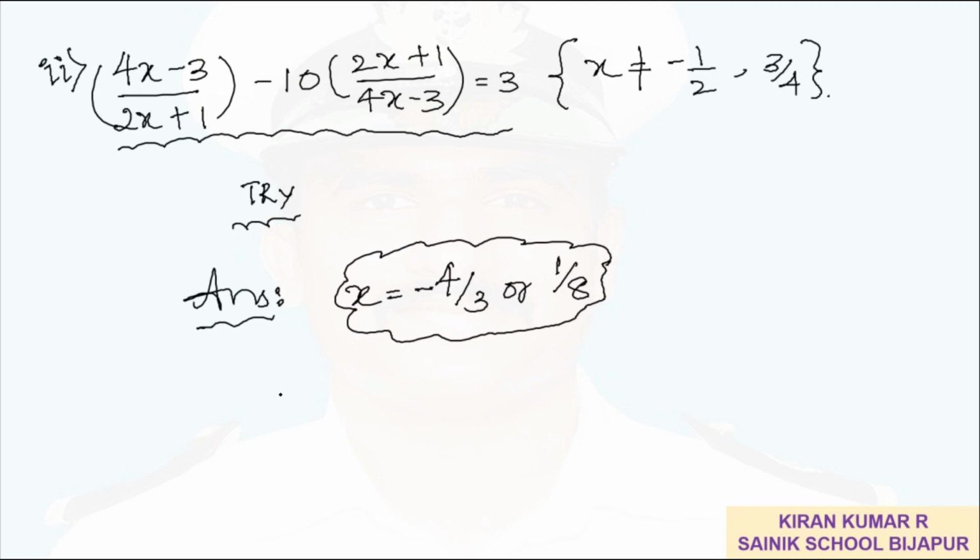If you are stuck, I'll give you the quadratic equation. Probably you'll get it as 48x² + 58x − 8 = 0.